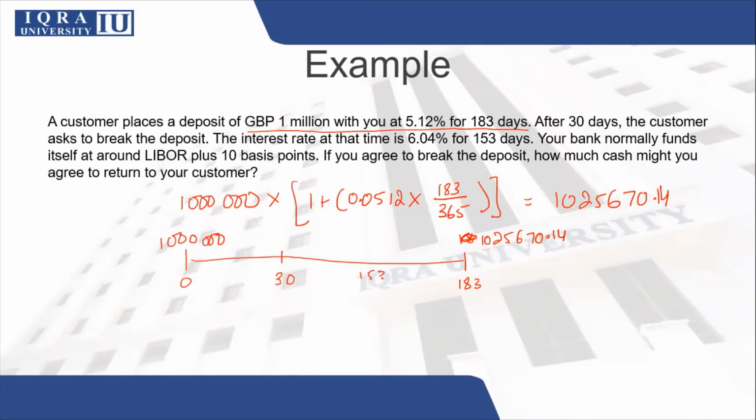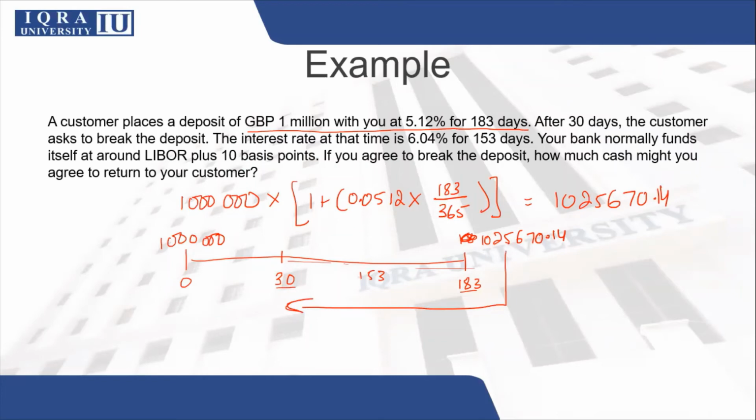There are 153 days from 30 till 183. Because you're breaking it at the 30th day, this is where the bank will have to borrow the money. So you need to calculate the present value of this amount at this point.